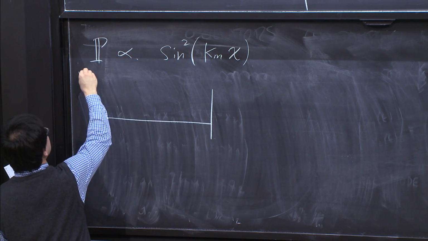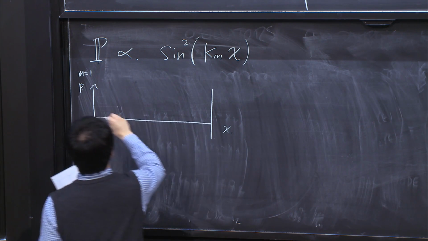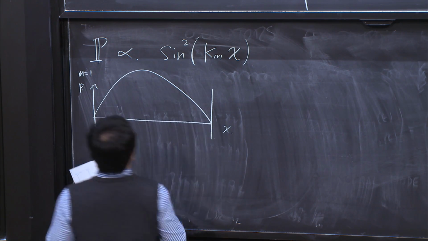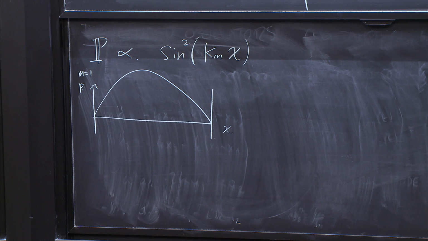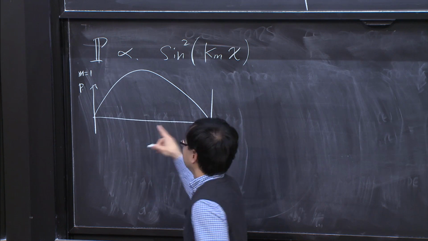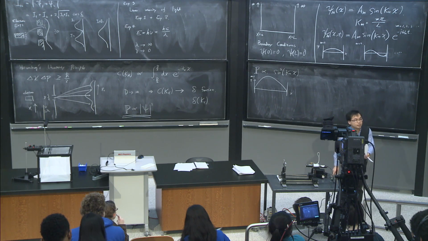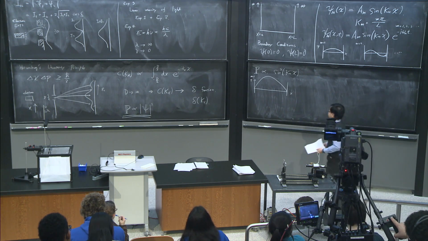If I plot n equal to 1, this is p as a function of x. The probability of finding a particle at a specific place, if we are looking at the situation in normal mode number 1, is like this. You are much more likely to find a particle in the middle of the box.